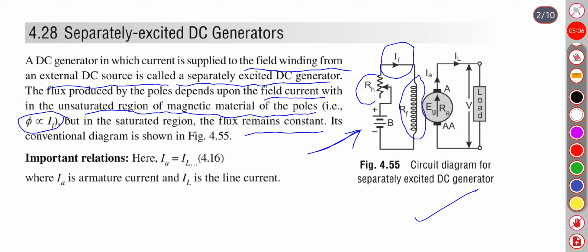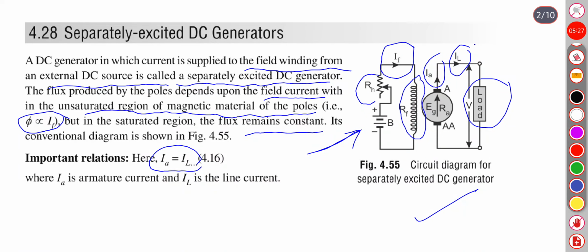Important relation here: Ia equals IL, the armature current. This is Ia and this is IL. So IL is being supplied to the load passing through the armature.